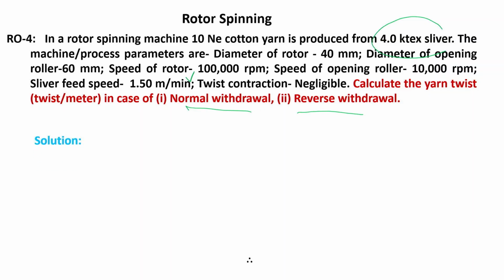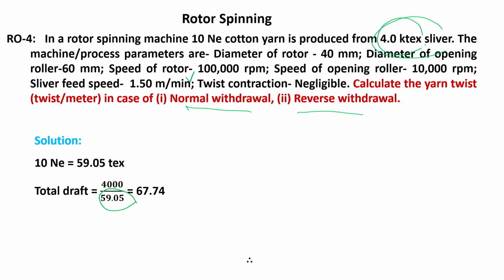Let us try to calculate here. So, 10 NE English count is 59.05 tex. So, total draft here is 4,000 divided by 59.05, because 4 kilotex means 4,000 tex.